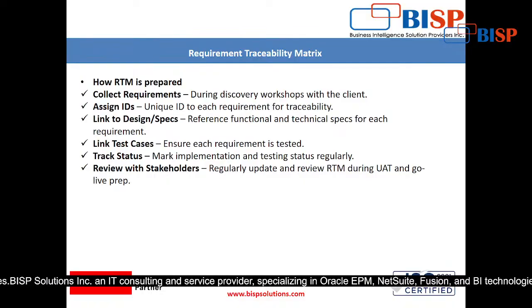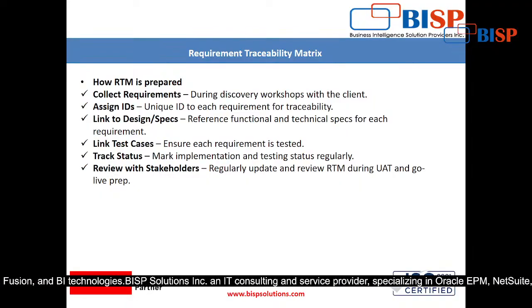Link to design and specifications. Reference functional and technical specifications for each requirement. You have to take two documents side by side: one is the functional requirement and the other the technical specification. Requirement you know very well, P2P automation.